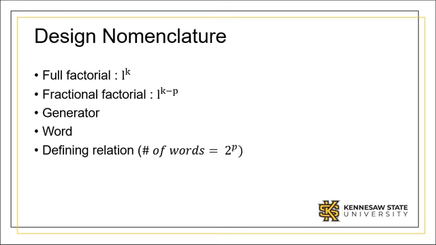We can also think of P as a reduction factor of the number of experiments. For example, if P equals 1, the fractional factorial will be half the size of the full factorial. The generator tells us how to construct the interaction factors of the experiment.